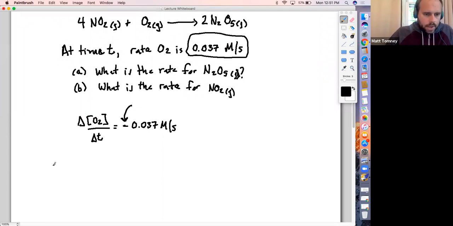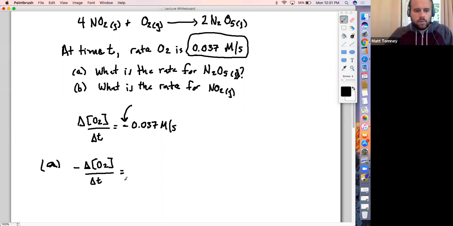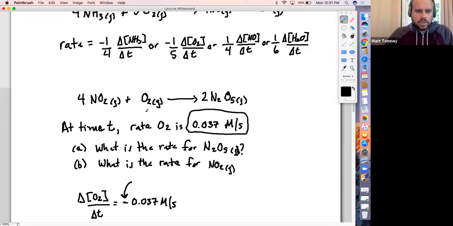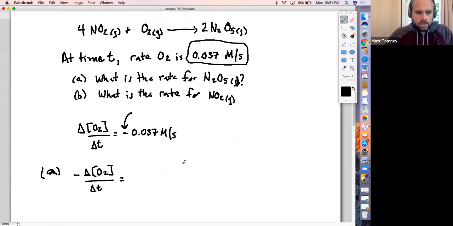All right, so for part A, going back to what we were working with earlier, I can set the negative rate of one of my reactants equal to the rate of the formation of product. Now I have to be careful here. The oxygen has a 1, but the product has a 2 stoichiometrically.